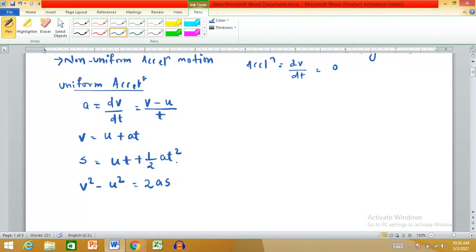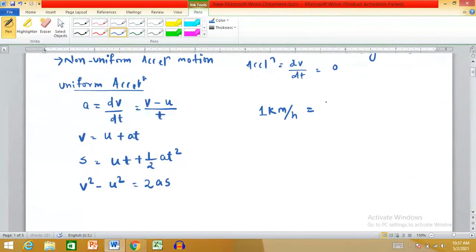Before that, always remember a conversion which is going to help you: 1 kilometer per hour is converted into meter per second, because you have to solve in the same unit, meter per second.